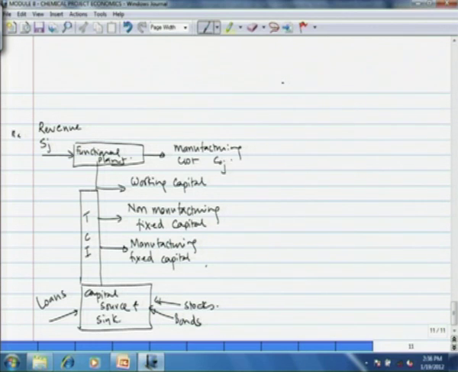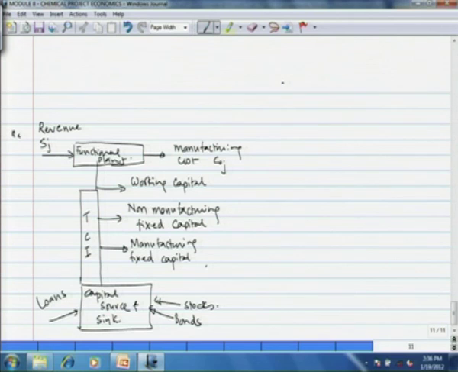Now, the manufacturing cost also includes the subcomponent of depreciation that we are going to deal in greater detail later in this module. But let us say that manufacturing cost C0j is not including the depreciation.